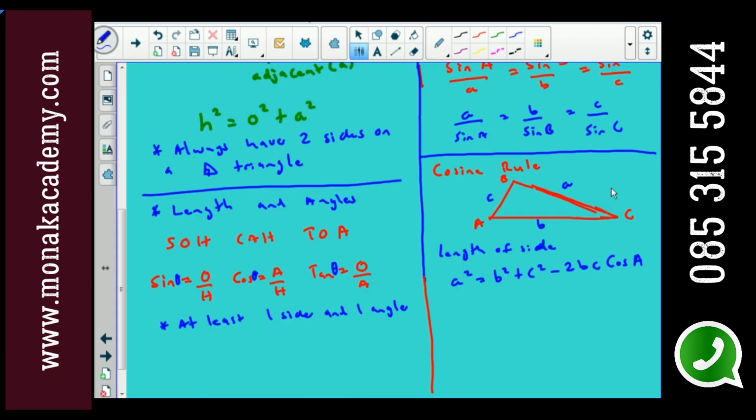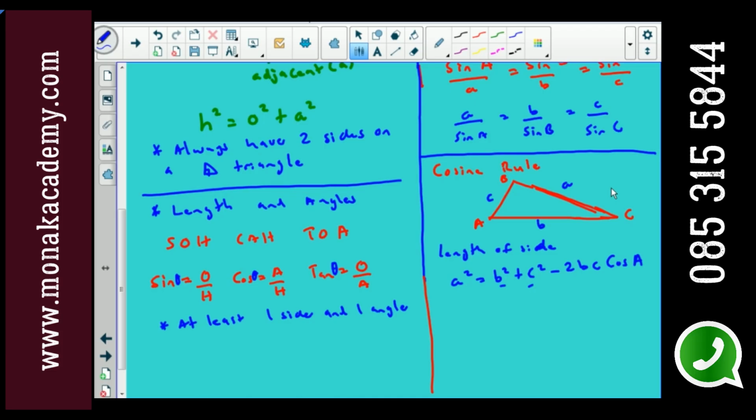If you want side A, you simply add side B squared and side C squared minus 2 times B and C, as you can see, the 2 times B and C, and then cos A. So let's try to do the one for B.